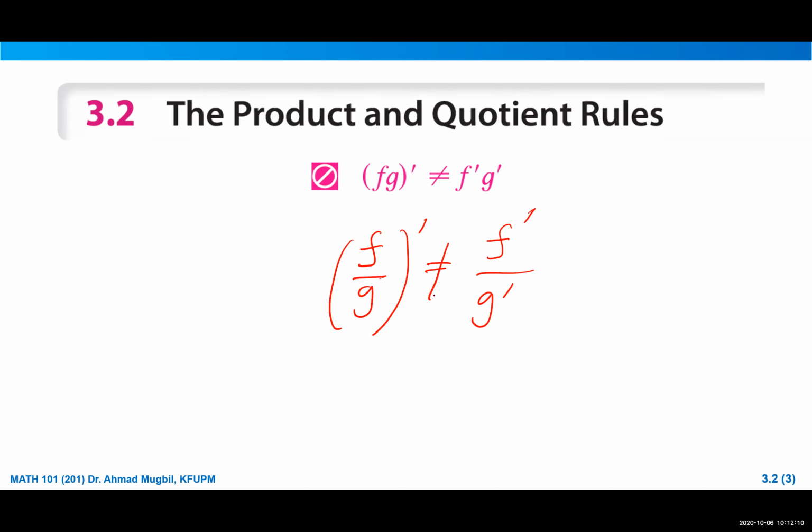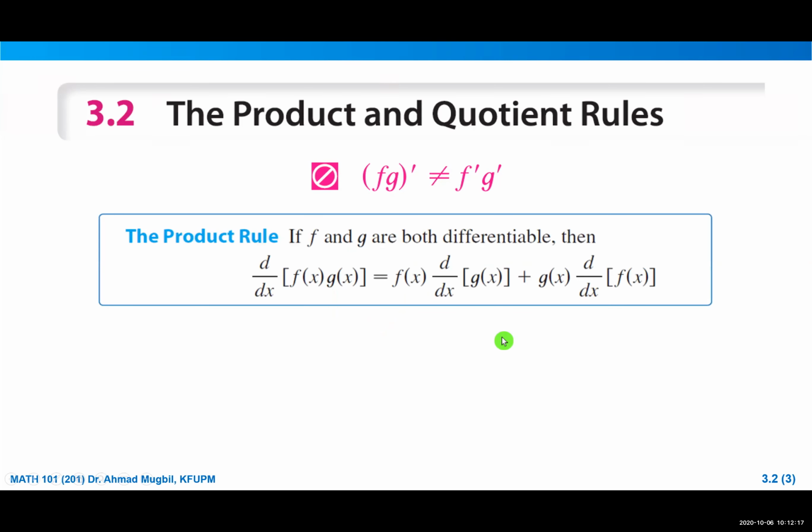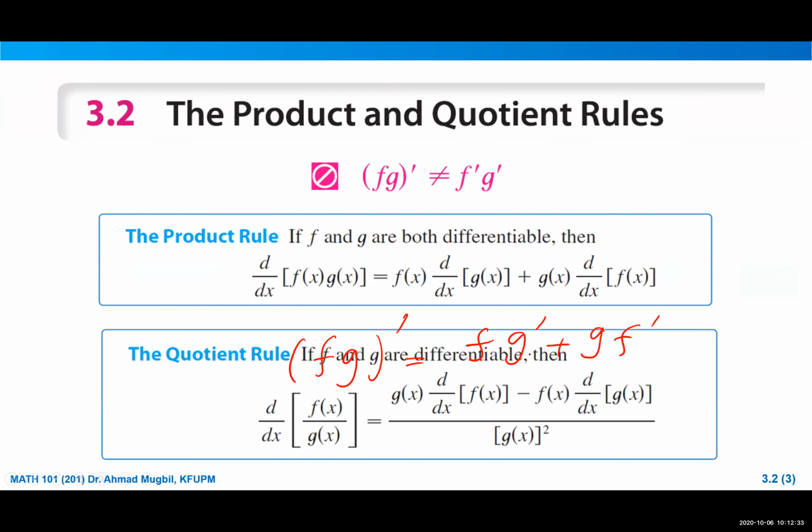What is true? What is true is that it will be like this. The derivative of f times g will be f times the derivative of g plus g times the derivative of f. This is what is true. So it will be the first times the derivative of the second, and the second times the derivative of the first.